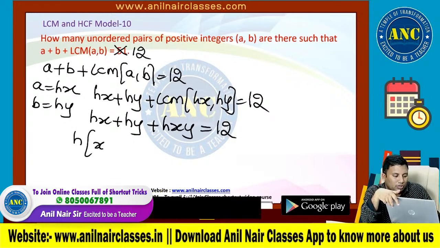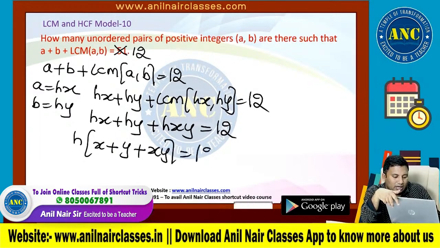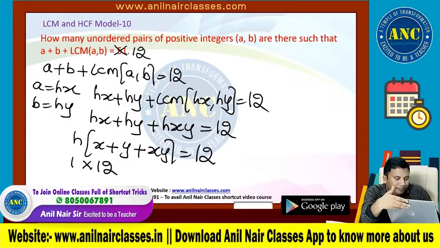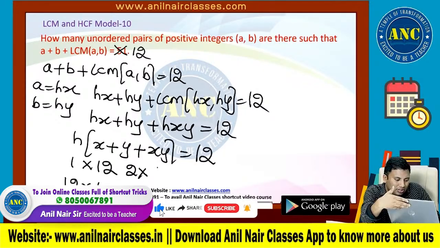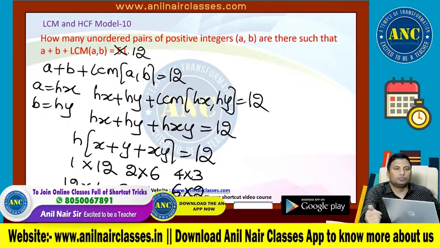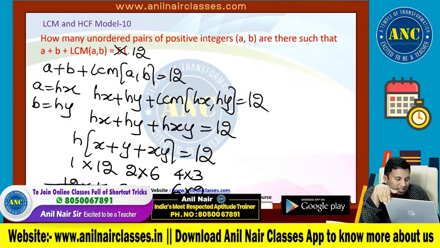H into (x plus y plus xy) equivalent to 12. Which all cases are there? 1 into 12, 12 into 1, 2 into 6, 3 into 4, 4 into 3, 6 into 2. These are the total cases, out of which this case is eliminated.